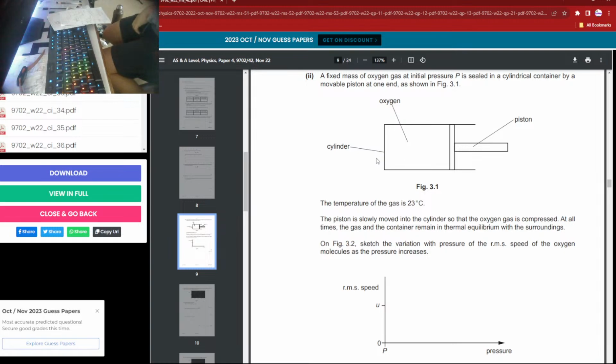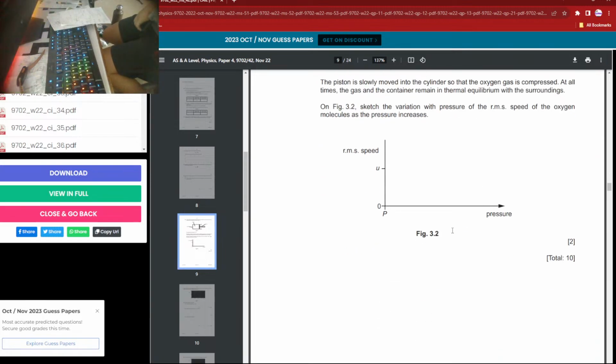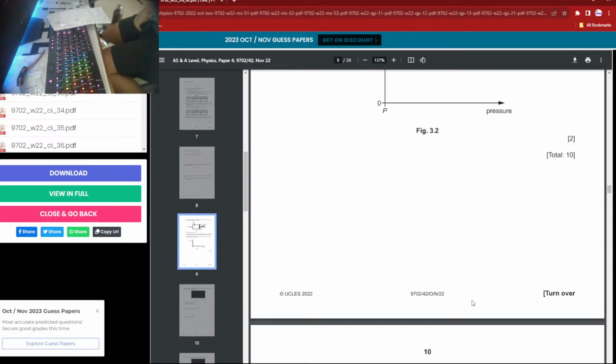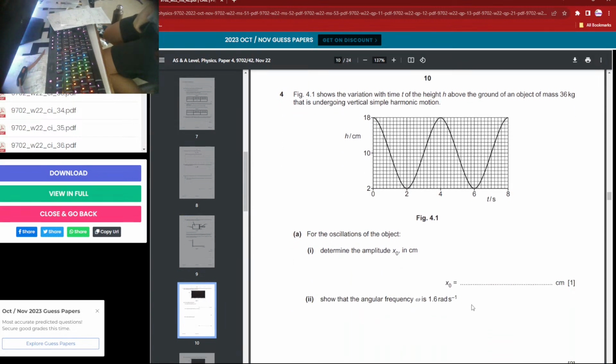So that was my initial answer, but then I doubted myself. I was like, if you increase the speed of the particles, the pressure will increase because they're hitting the walls with more force. So I thought, yeah, pressure increase, speed increase. But as long as you don't supply thermal energy in, the speed will still be the same, even though the pressure is increased. Okay. So for that one, yeah.